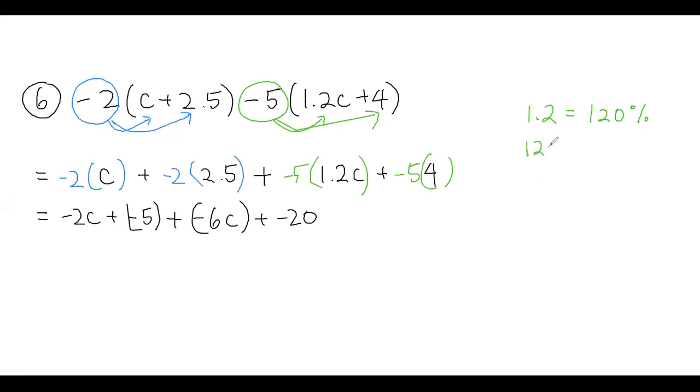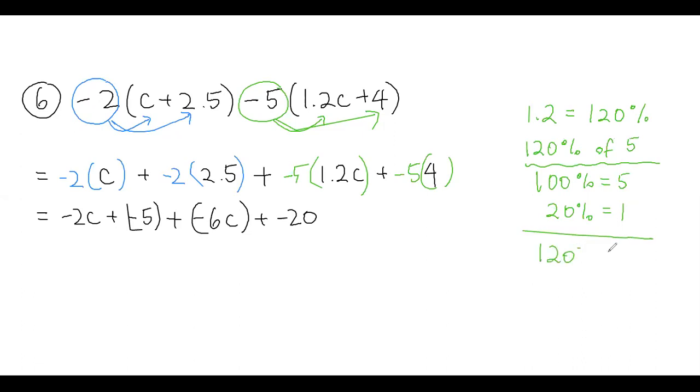So I want 120% of 5. Well, 100% is 5. 20% is the same thing as a fifth. A fifth of 5 is 5 divided by 5. A fifth of 5 is going to be 1. So adding those together, 120% of 5 is 6.